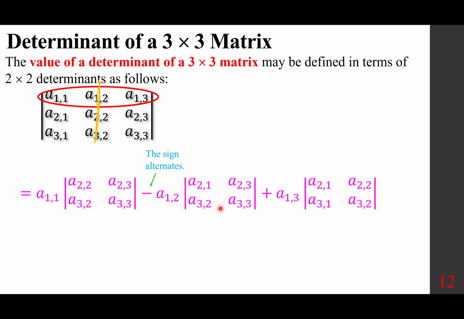This is A31. Because you cross this out, okay? You cross this out. You cross this out. So what is left? This is what's left: A21, A23, A31, A33. That's what is left.